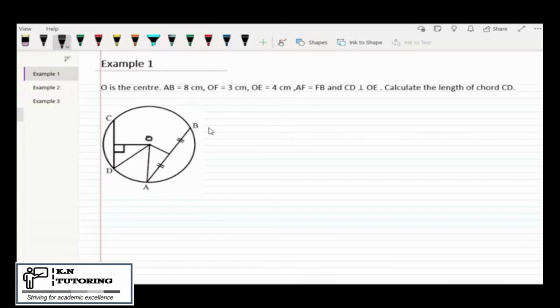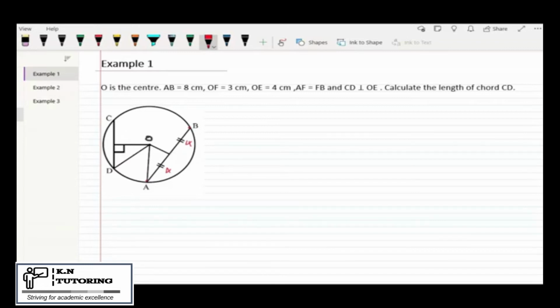The moment they tell me that, let me get the color. A to B is 8 centimeters, and I can see that I've got two lines there that show that these lines are equal. Then I know that here is going to be 4 and here is going to be 4. That is common sense. No need to panic about this, okay?